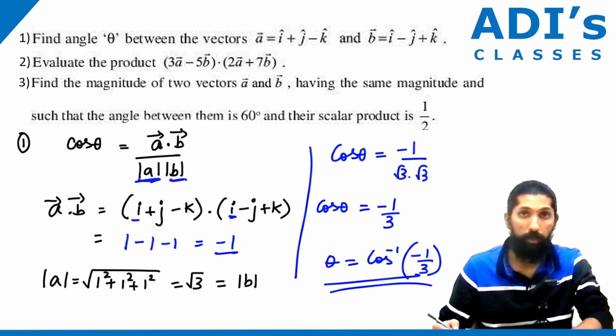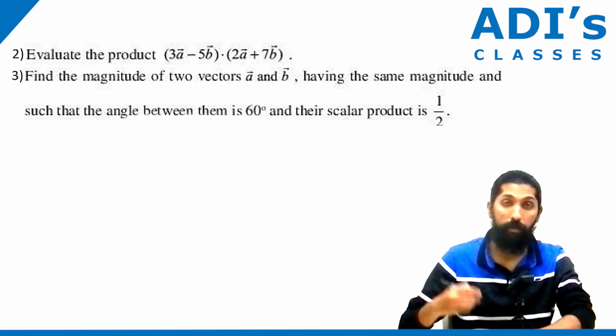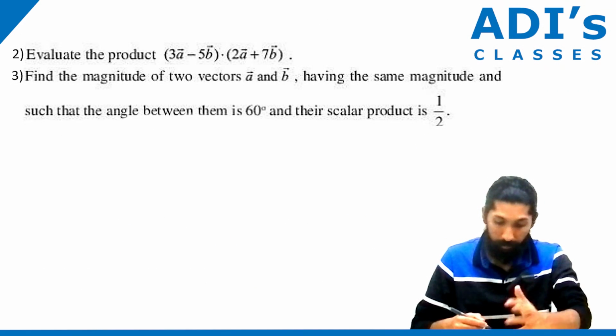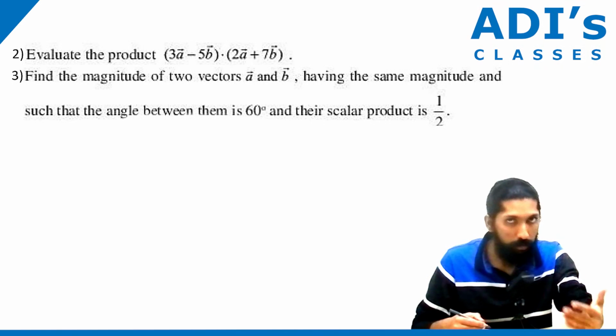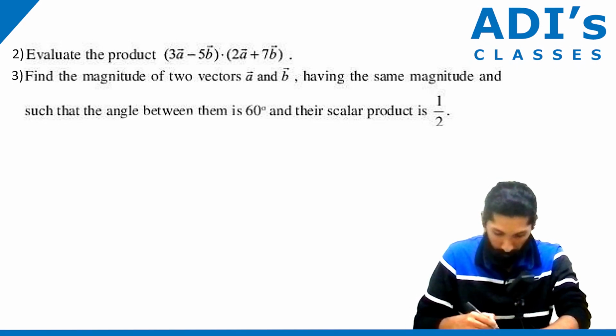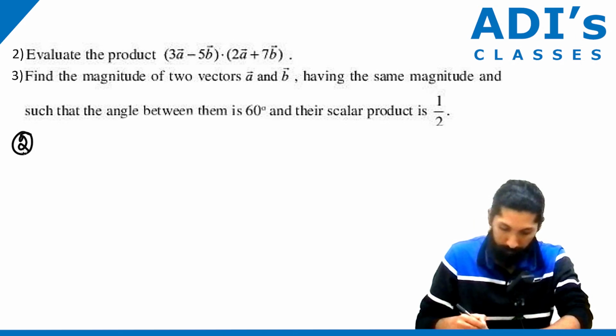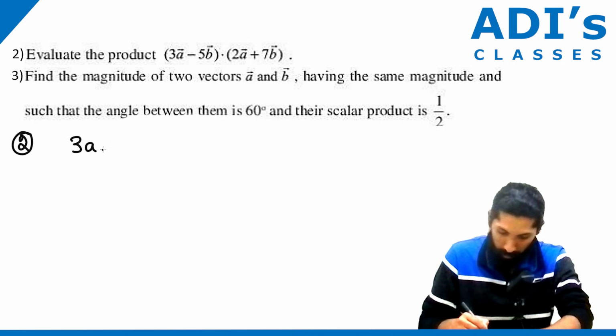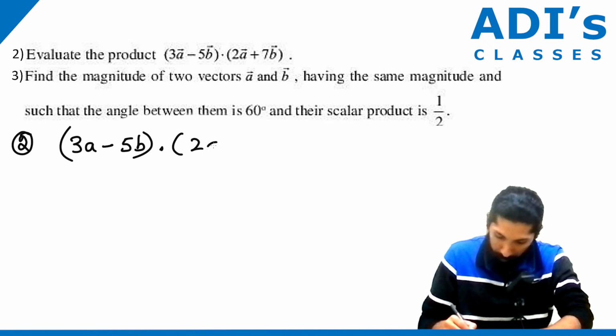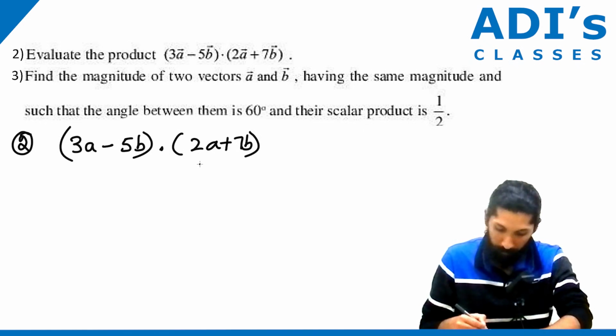Now let's do the next one. See the second one. Evaluate the product they've just given in terms of A and B. We'll get the answer in terms of A and B only, no problem. So for the second one, 3A minus 5B dot 2A plus 7B.